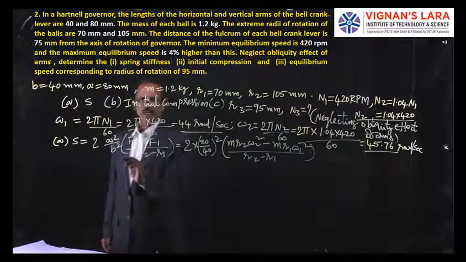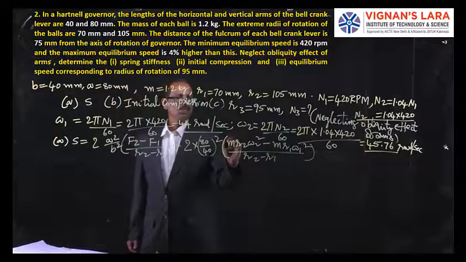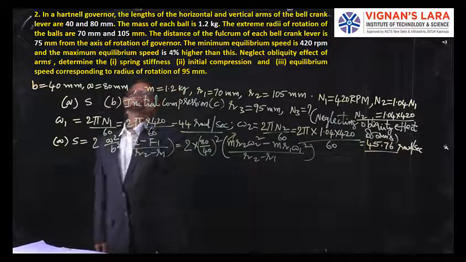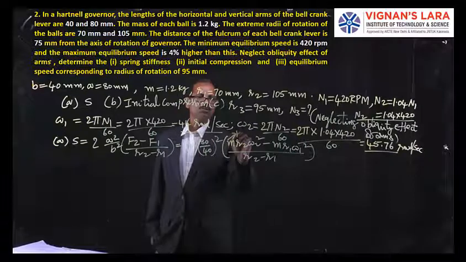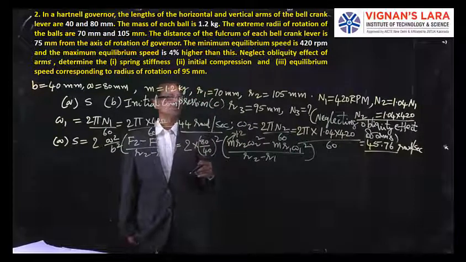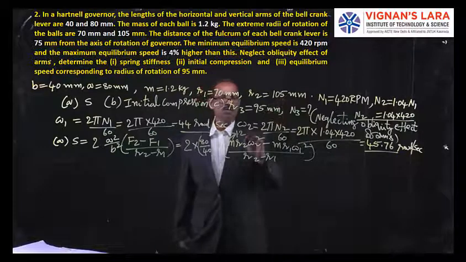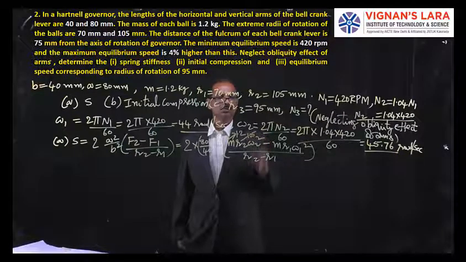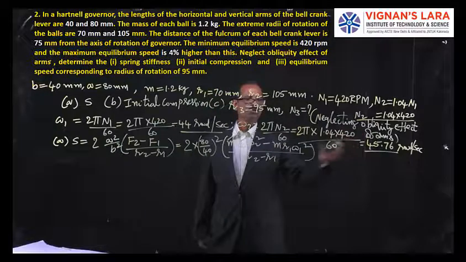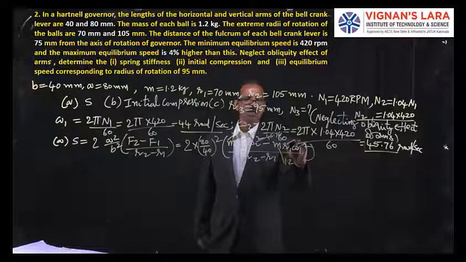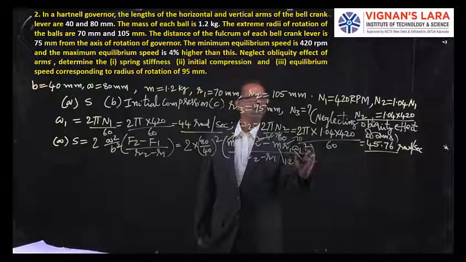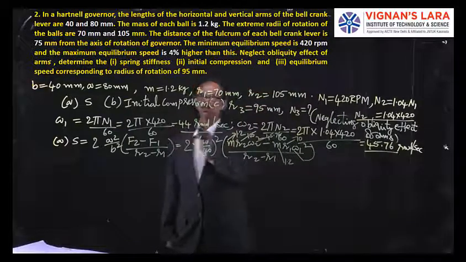So substitute the data. What is M? M is the mass of the fly ball. How much is it? 1.2. Then R2, how much? R2 is 105. Then omega 2, what is omega 2? 45.76. Similarly M 1.2, R1 70, omega 1 is 44.